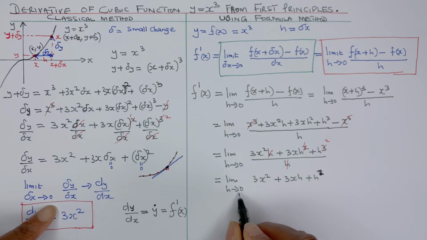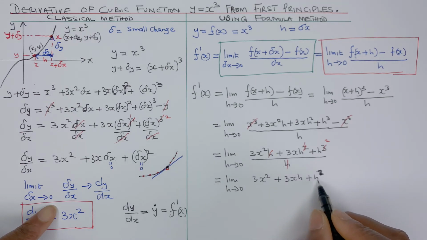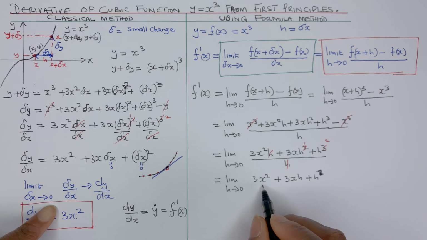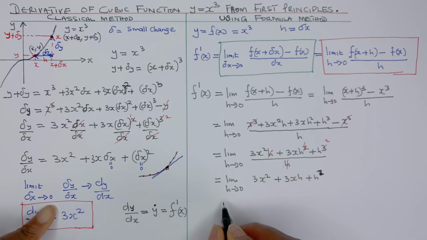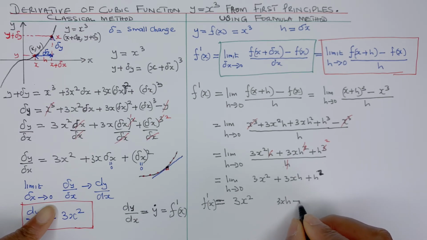As you can see, as h tends to 0, that 3x h will be 0 in the limit, and h squared too will be 0, and we're left with that. So finally, f dash x will be equal to 3x squared because 3x h tends to 0 and h squared also tends to 0.